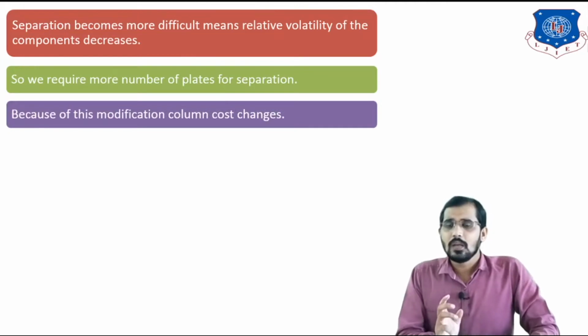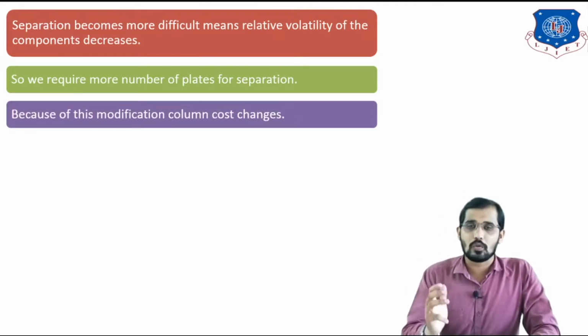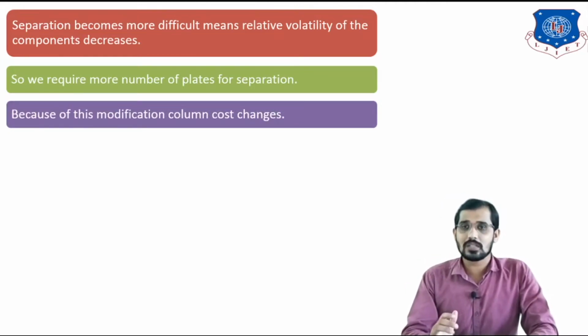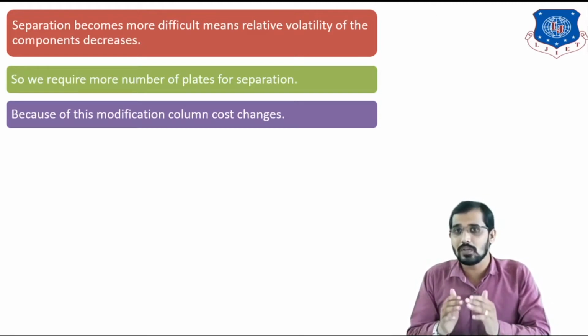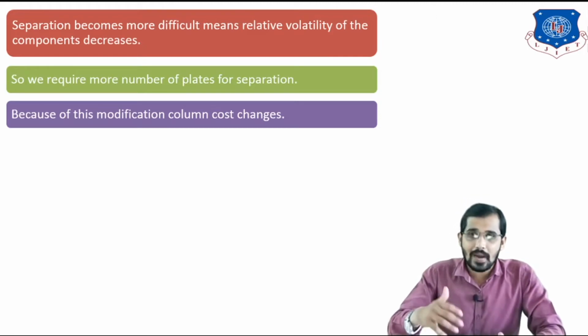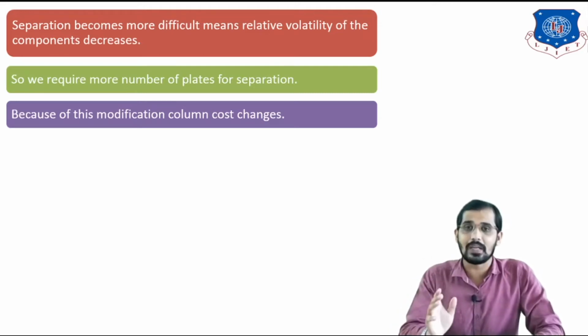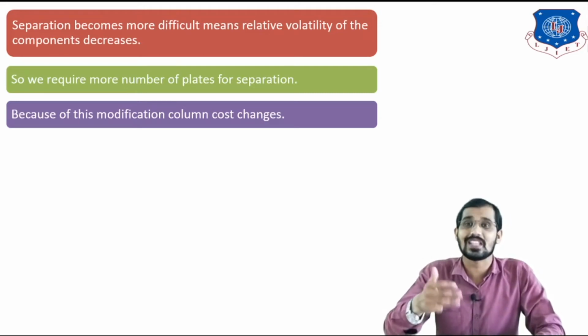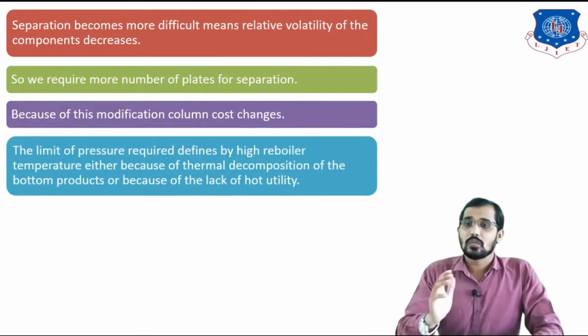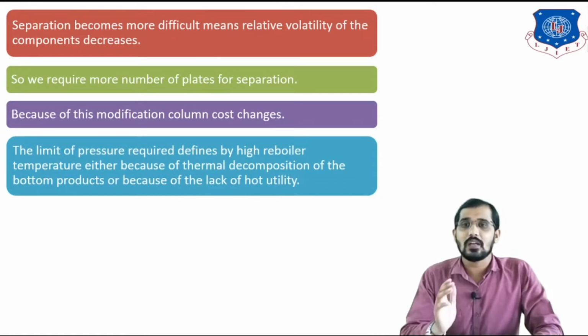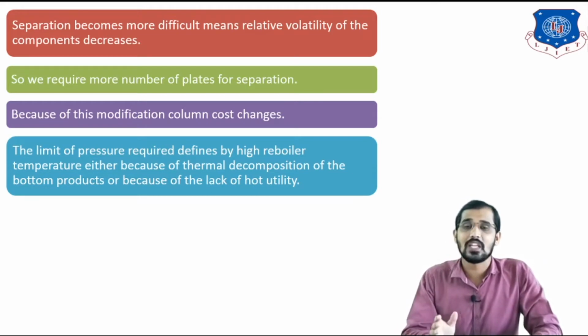Now you can see, because of the modification of the column, cost changes. If we are not using a vacuum distillation column and we provide a large number of plates in the previous distillation column, ultimately the cost of the distillation column increases. The limit of the pressure required is defined by the high reboiler temperature. That means we are separating high boiling point components by using a vacuum distillation column.